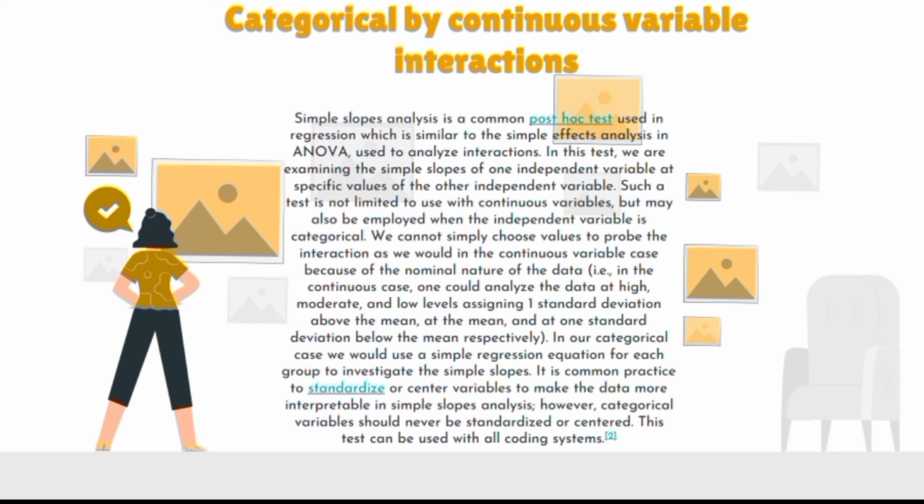It's common practice to standardize or center variables to make the data more interpretable in simple slopes analysis. However, the categorical variables should never be standardized or centered. This test can be used with all coding systems.